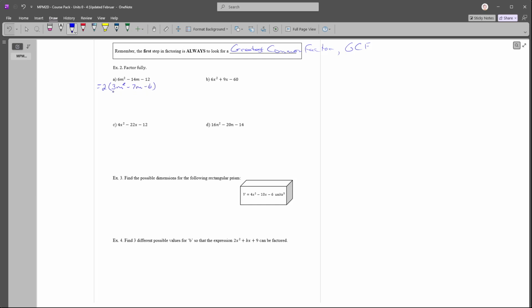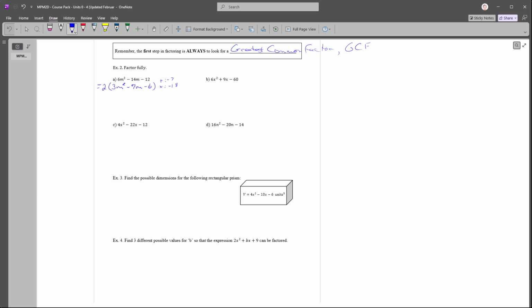Now we're going to factor out the inner brackets like we would a standard complex trinomial. That means we need to find two numbers that add to negative 7 and multiply to negative 18. This is negative, so it tells me they're going to be opposing signs, and the bigger of the two is going to be negative.